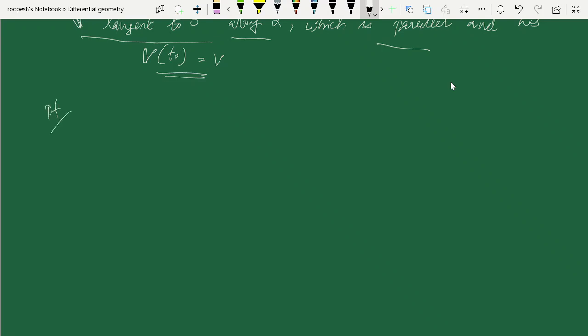We require a vector field V tangent to S along alpha satisfying V dash equal to 0. That is, we need a vector field V such that V dash equals 0, right?